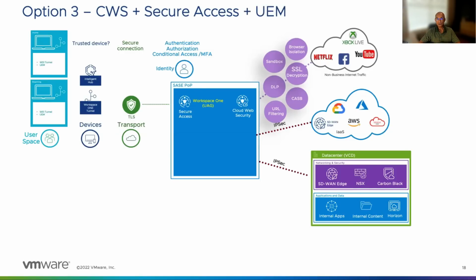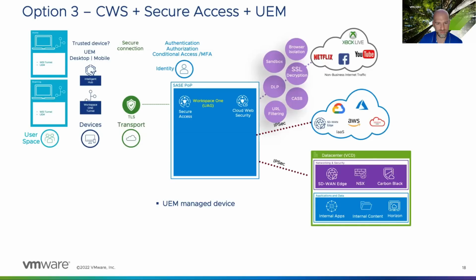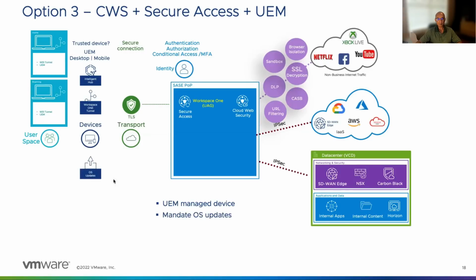And so if you go further than that, now you can add UEM to that, which is our own unified endpoint management, which is our own mobile device manager. And when you do that, you've got things like tunnel policies that you can enforce, which means you can now say only certain types of applications will be tunneled through the secure access gateway using TLS, right? So you have specific tunnel policies.